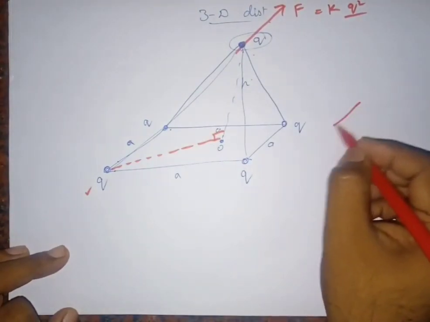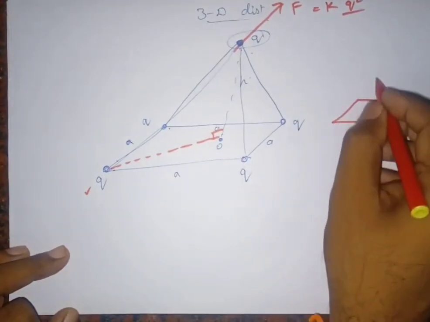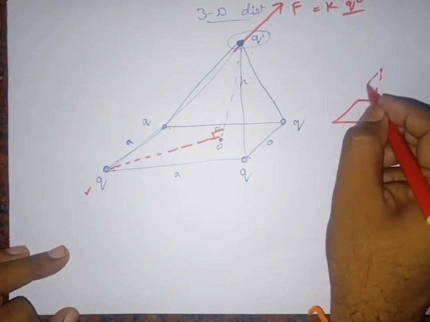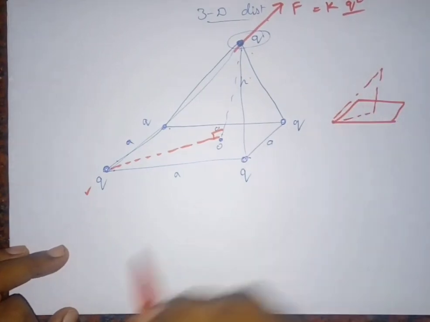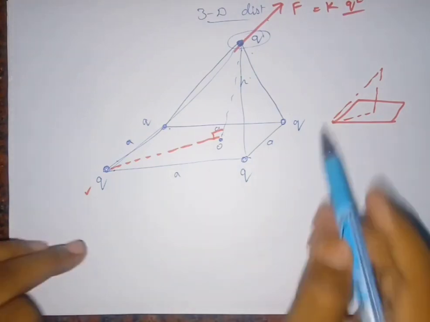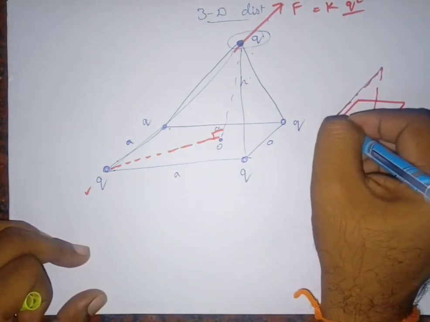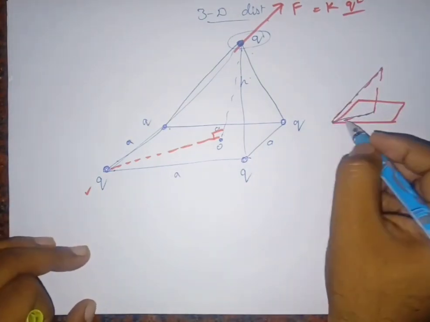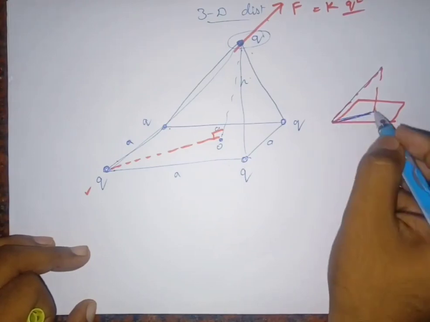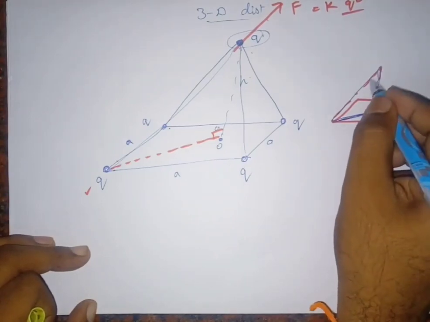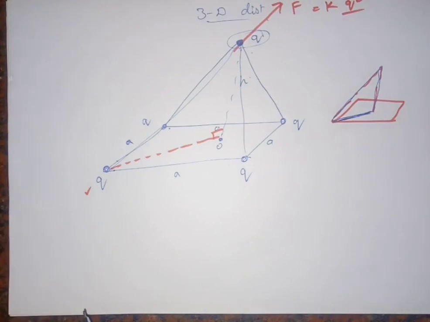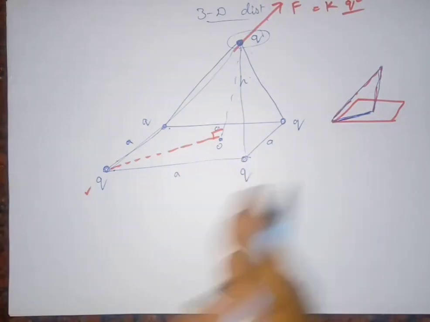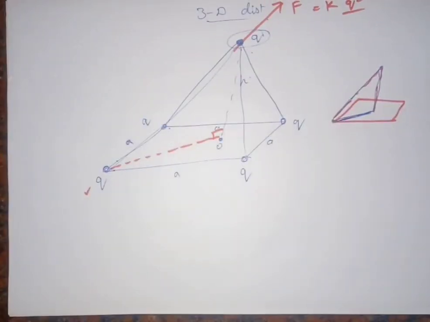So how does the triangle look like? Let me draw it once again. It looks like this. Okay, so that is how a right angle triangle looks like, where the base of this triangle is on the square and the rest is out of that square, in a plane which does not belong to the square.